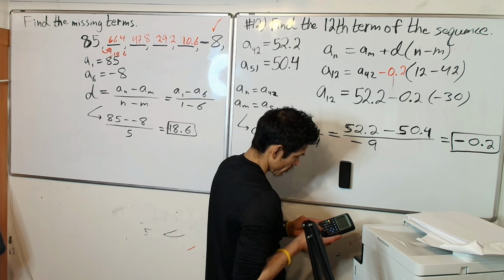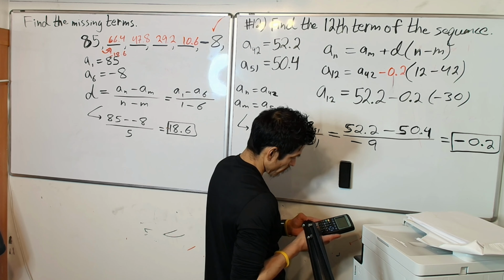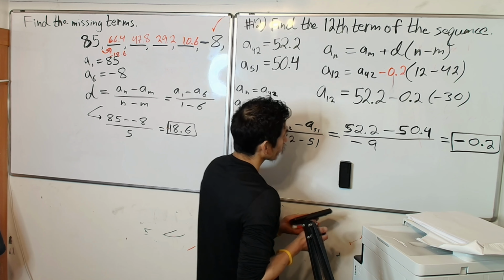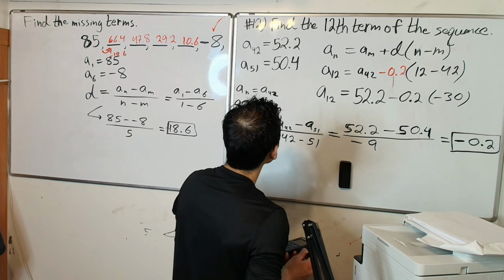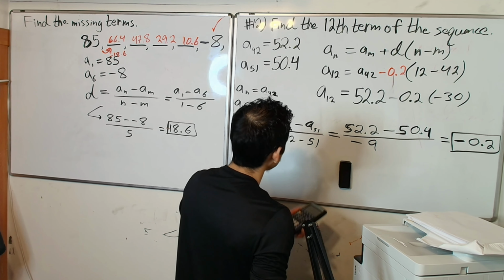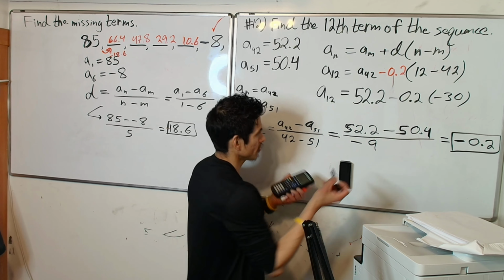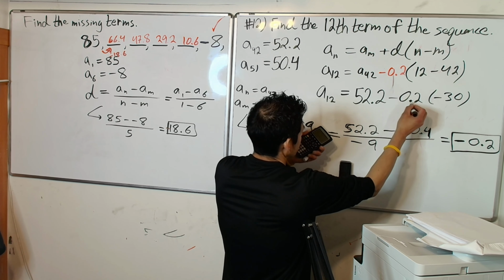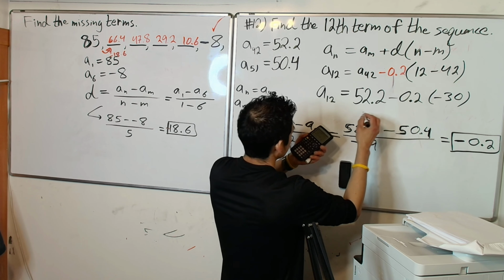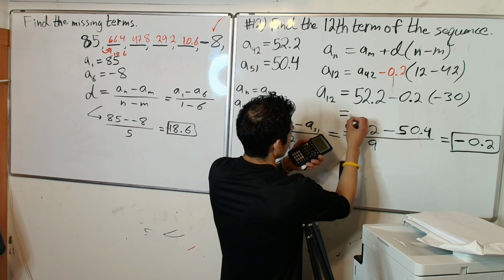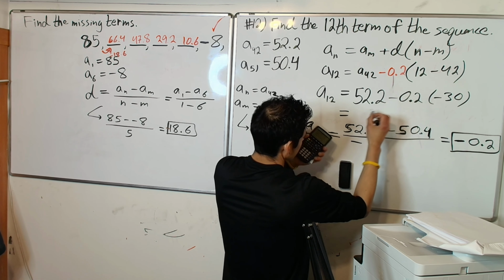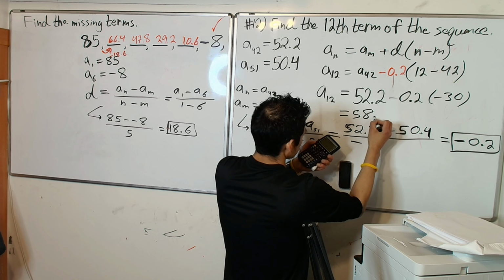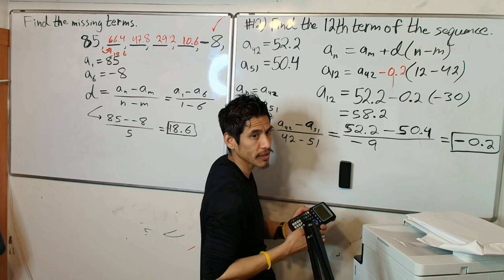Okay, 58.2. I don't know why I hesitated there, but yeah, 58.2. So we get 52.2 minus 6, or plus 6. Sorry, plus 6. So 58.2. That'll be A12.